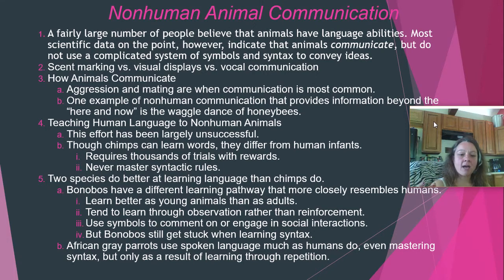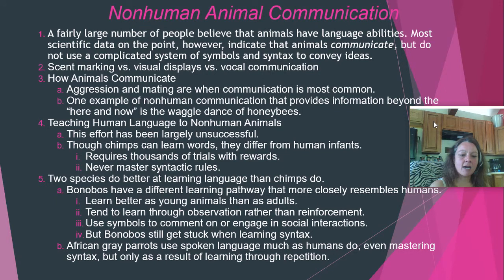We know that with bonobo monkeys, the way that they go about learning more closely resembles us than any of the other non-human primates. A lot of times animals learn through observation rather than reinforcement, although we know with Skinner and operant conditioning, or Pavlov and classical conditioning, that animals can be taught associative learning too.